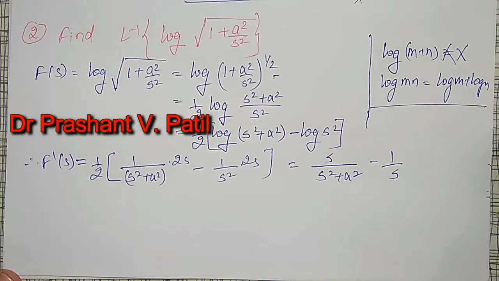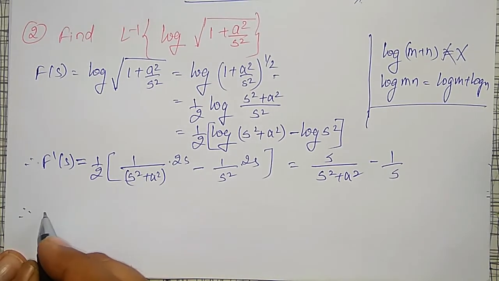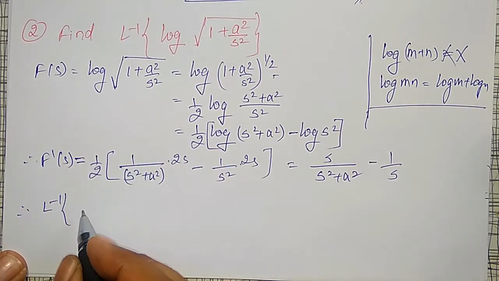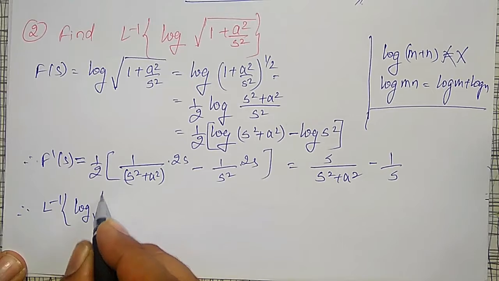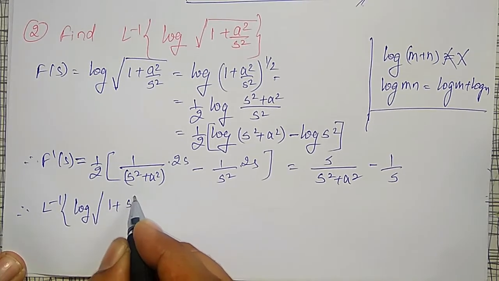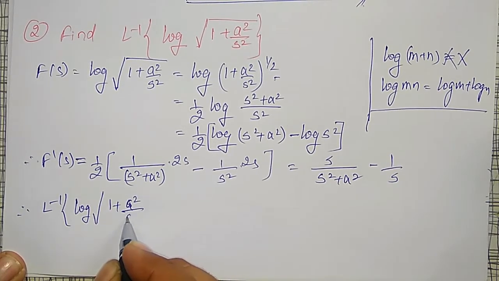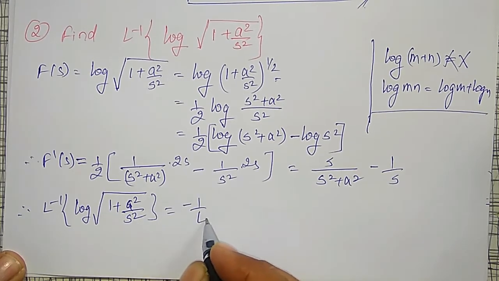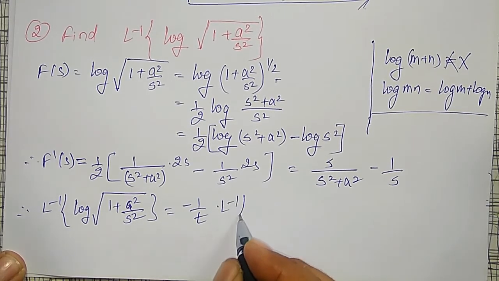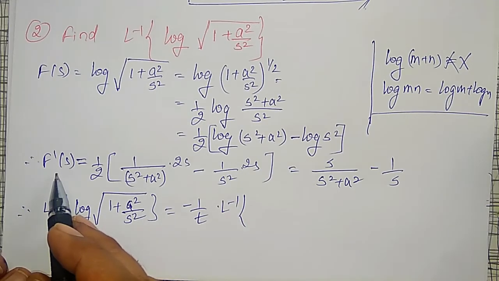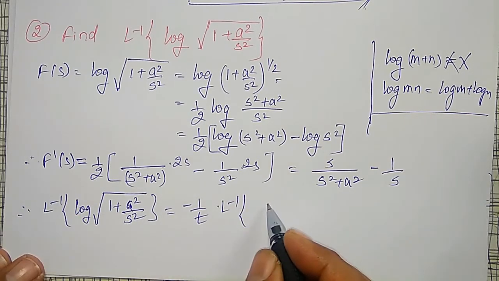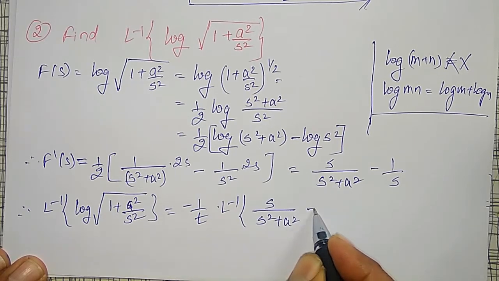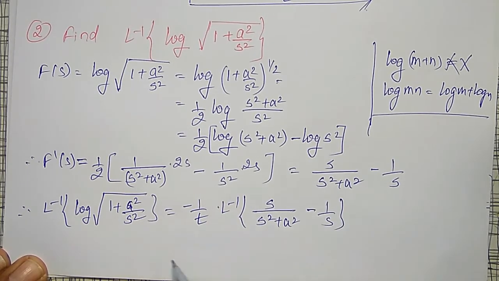Therefore inverse Laplace transform of f of s, log of square root of 1 plus a square divided by s square, is equal to minus 1 by t into inverse Laplace transform of f dash of s. My f dash of s is this, s divided by s square plus a square minus 1 by s.